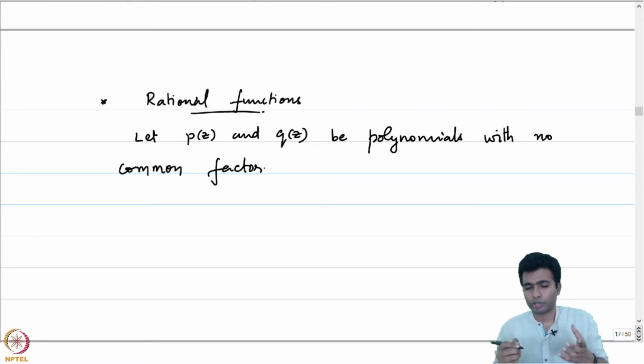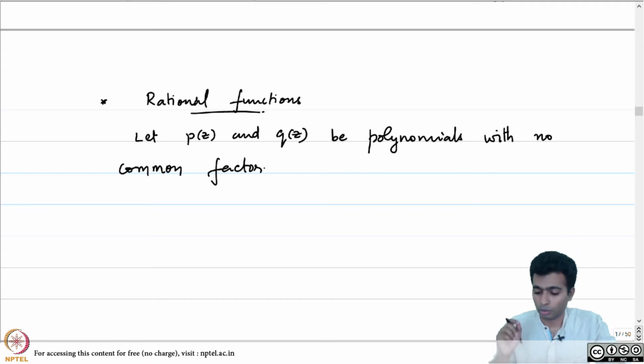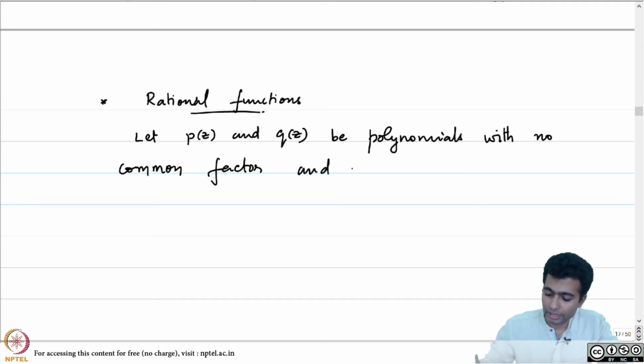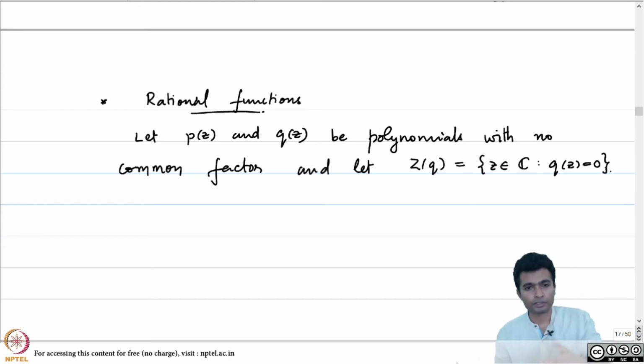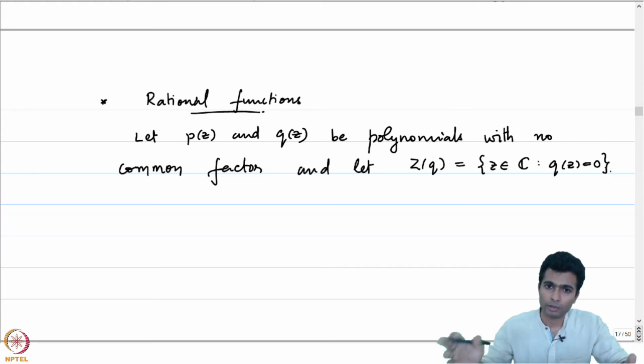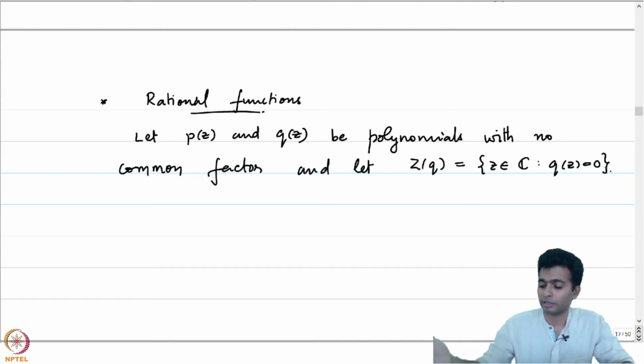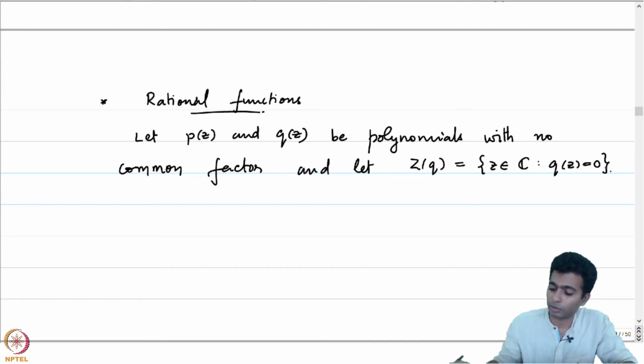And let's capture all the zeros, all the roots of the polynomial q, and let Z of q be equal to the set of all those points in the complex plane such that q of z is equal to 0. Remember that q of z is a polynomial, it has a degree say d, then the number of points where q vanishes, counting multiplicities, will be less than or equal to d. There cannot be more than d points in Z of q.